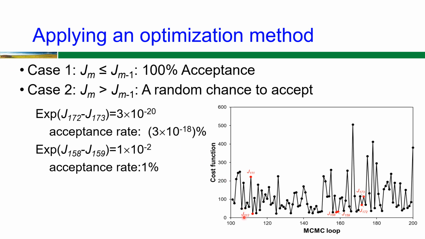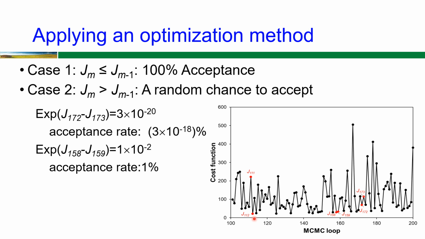For example here, J112 is smaller than J111, meaning the mismatch between model results and the measurements is reduced. In other words, the model simulation is improved. In this case, the proposed parameters are accepted.